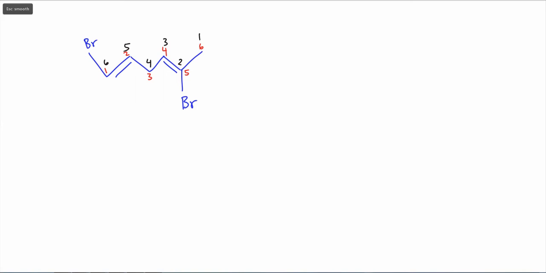I have a total of 6 carbons, and I have 2 double bonds. So I have a double bond starting on 1, and I have a double bond starting on 4. So I'm going to have 1, 4.